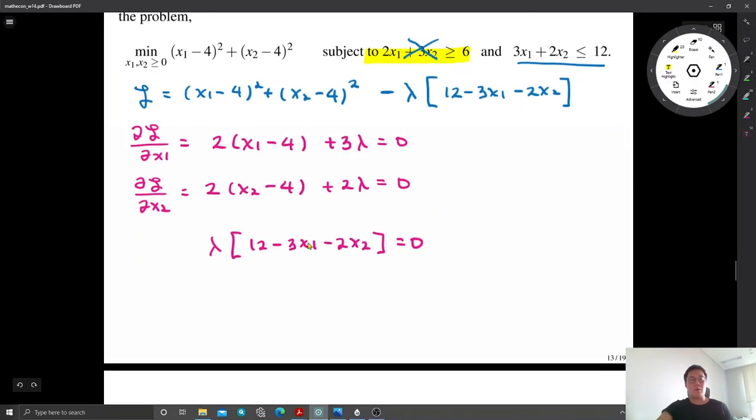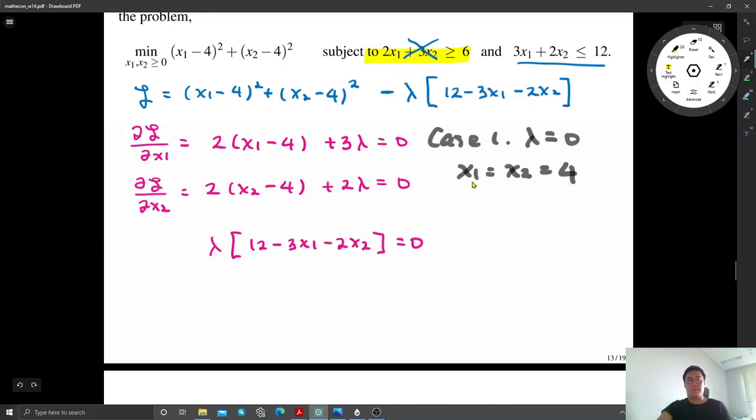And then once again, we divide our analysis into two cases. Case 1, lambda is equal to 0. If lambda is 0, then from these two equations, you can immediately see that x1 and x2 both are equal to 4. x1 has to be 4 to satisfy this equation, and so is x2.